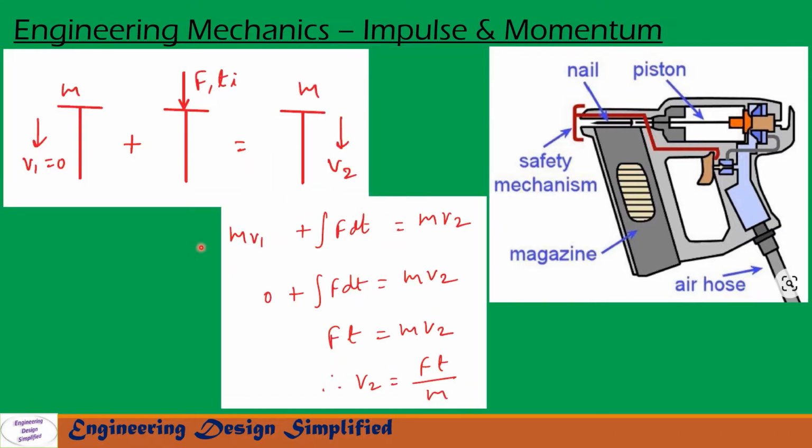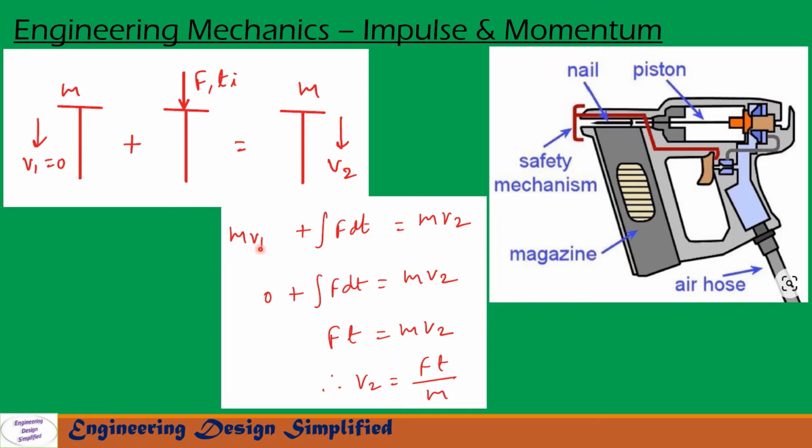The initial momentum of the nail is m into v1, so that is written here. The only force acting on the nail is the hammer force for a time duration t, so the impulsive force on the nail can be written as the integral of F dt, and the final momentum of the nail is its mass into its final velocity v2, written here as m v2.